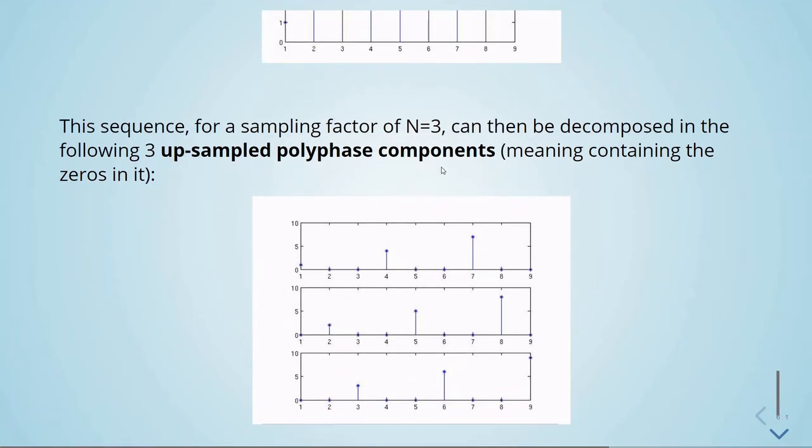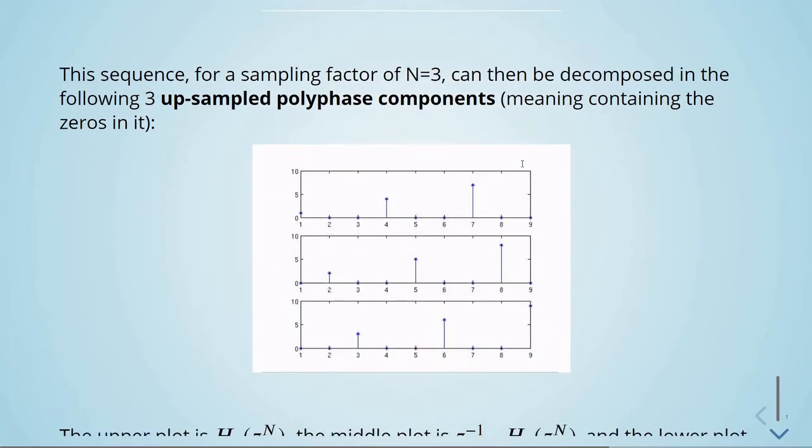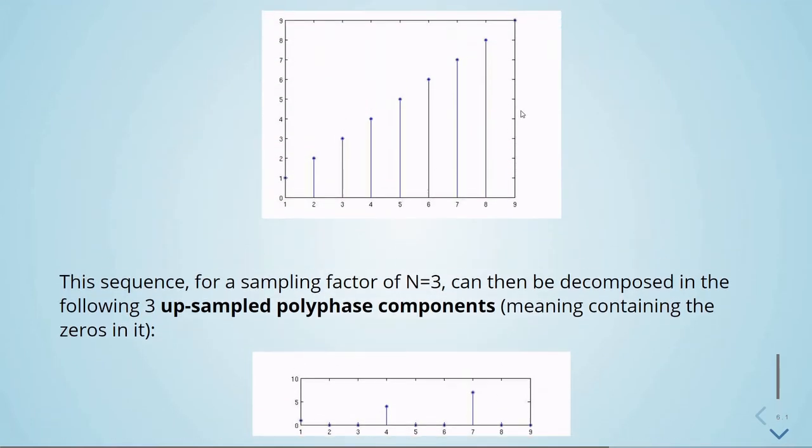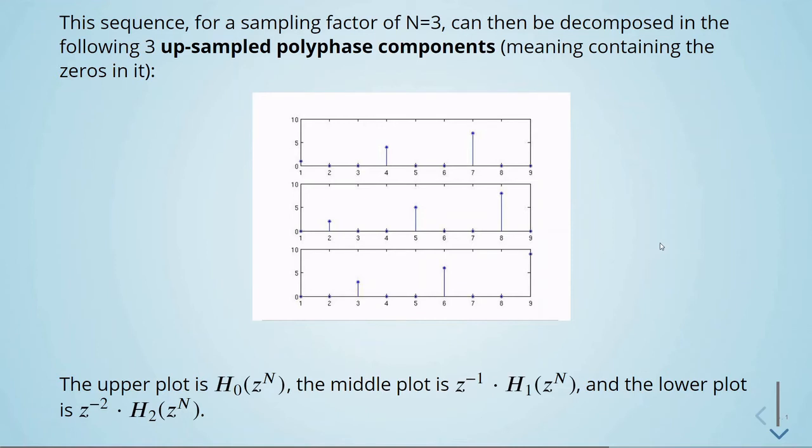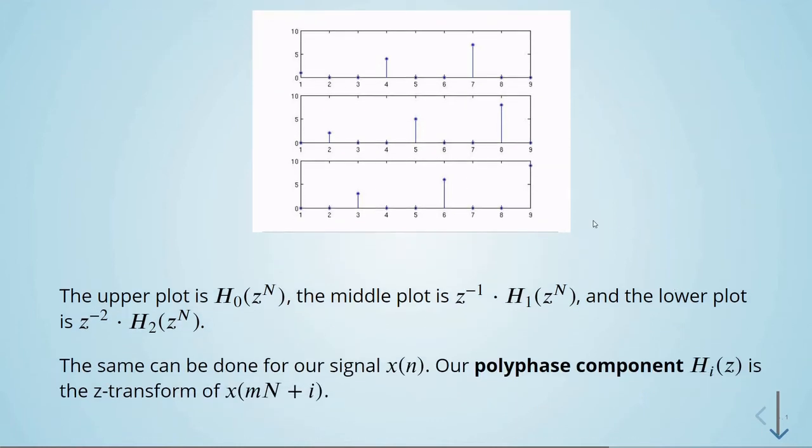Or we can have also 3, 6, that is shown here. So the upper plot is phase 0, the middle is phase 1, and this is phase 2. The same can be done for our signal x of n. So our polyphase component of x, I, is the z transform of x at m times capital N plus I.